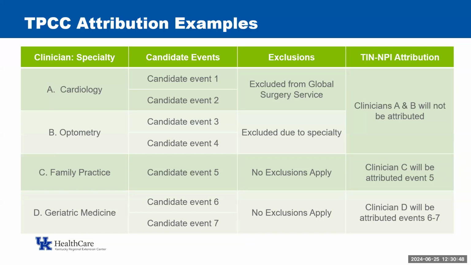When we start looking at family practice and geriatric medicine, we can see that both of those providers had qualifying events. They do not meet any of the exclusions, and both clinicians will be attributed this patient. So to flip that around, a patient can be attributed to multiple providers under the total per capita cost measure.